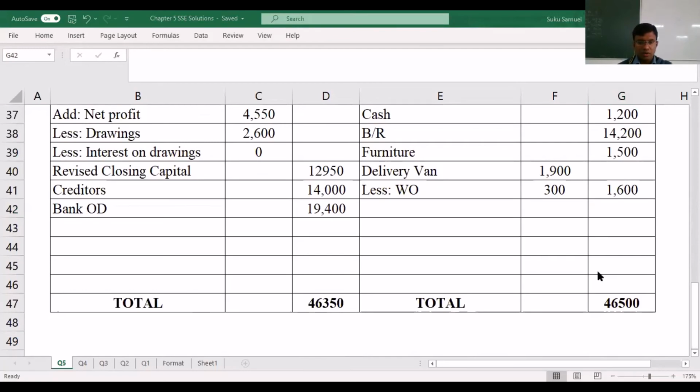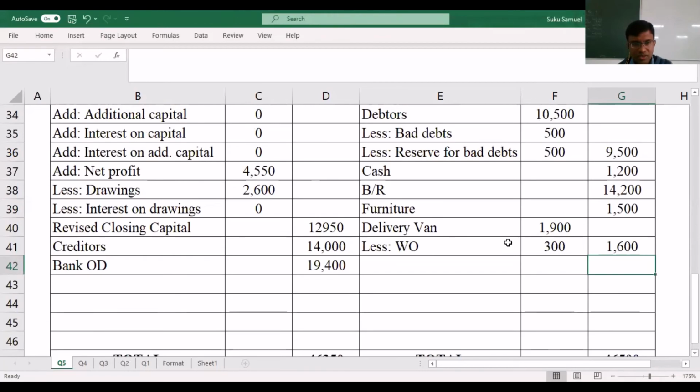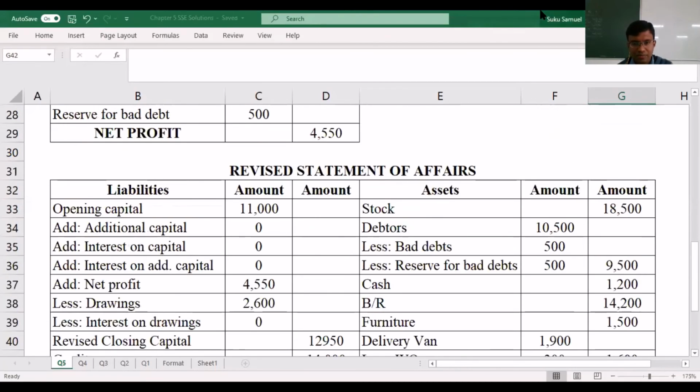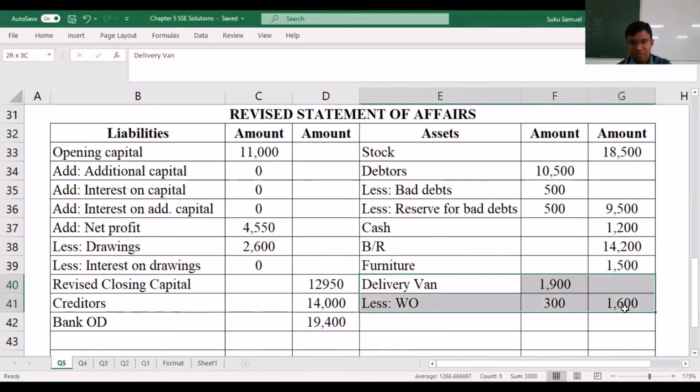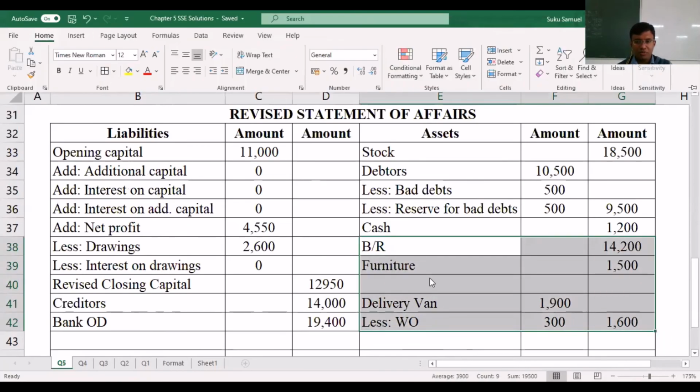We've considered, I think, pretty much all the amounts. Let me just see if I've missed out on any item. Oh, yes. Thank you so much. I think someone has just dropped me a message saying that I have missed out on the depreciation on the furniture. Yes, thank you for bringing that to my notice.